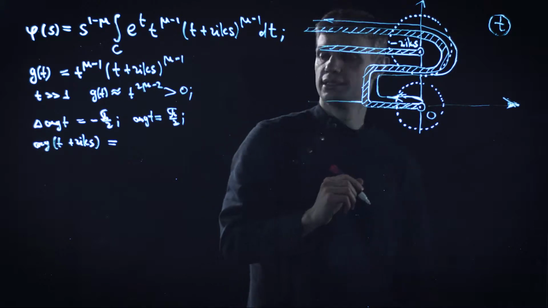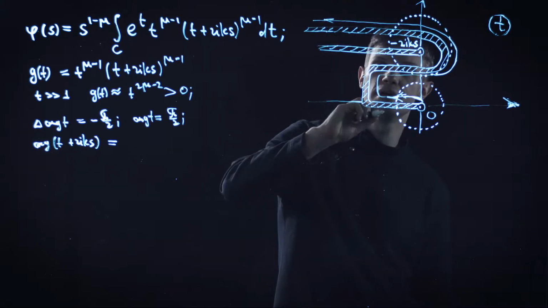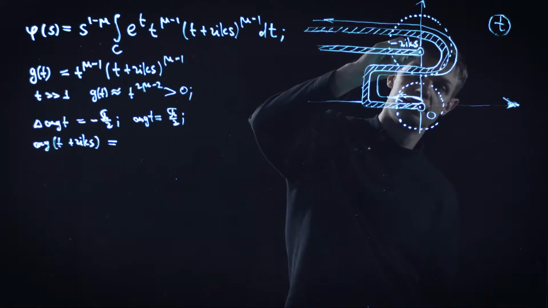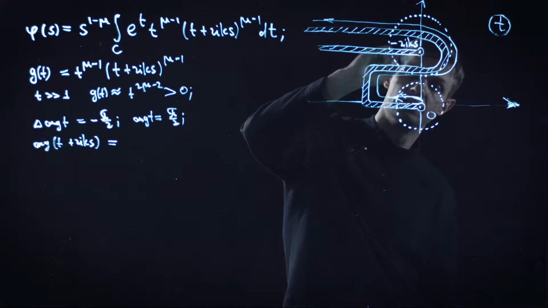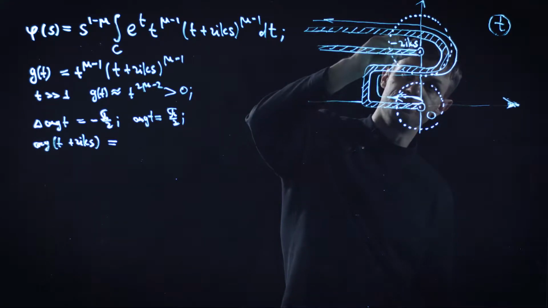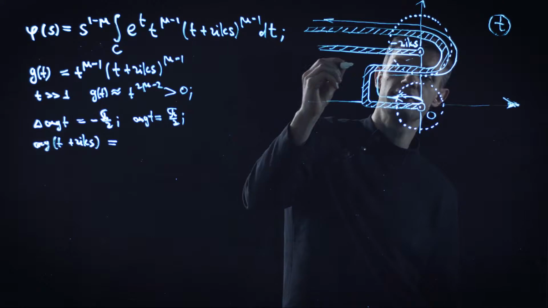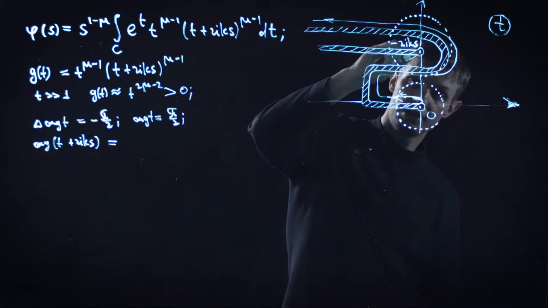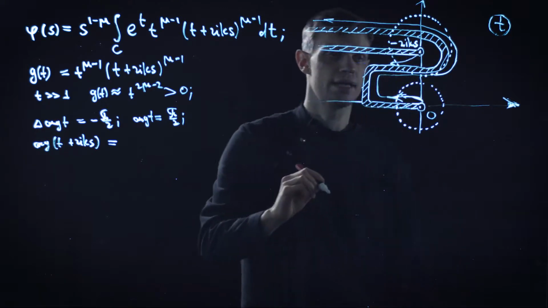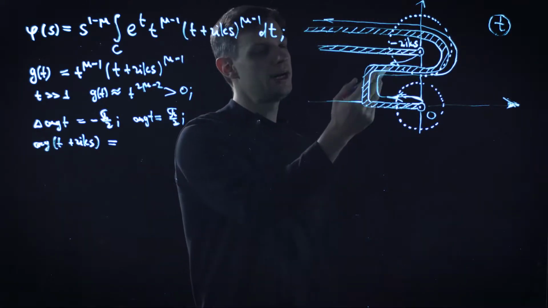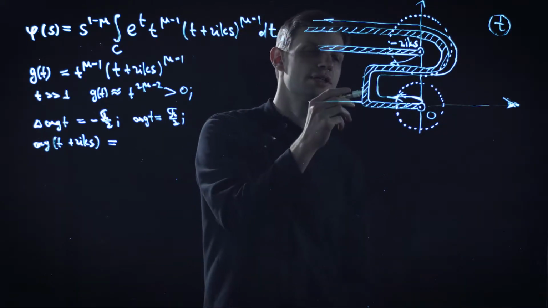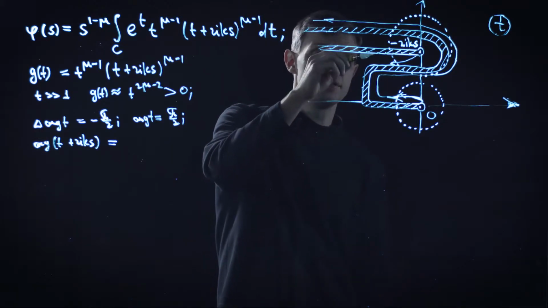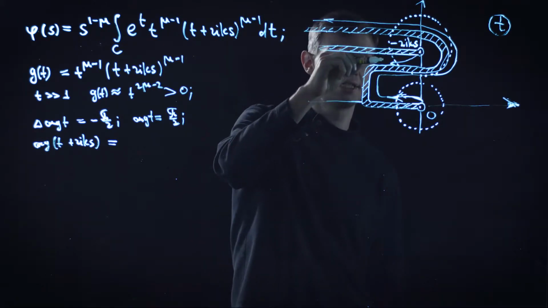Right. So now it points in this direction. When we glide along the lower bank of the branch cut, it points in this direction. So it's actually either minus pi or pi, so we should define it. Well, it used to be, I think, minus pi, right?